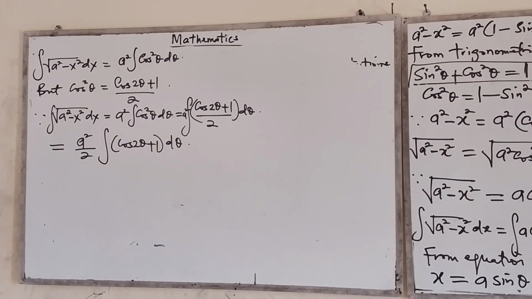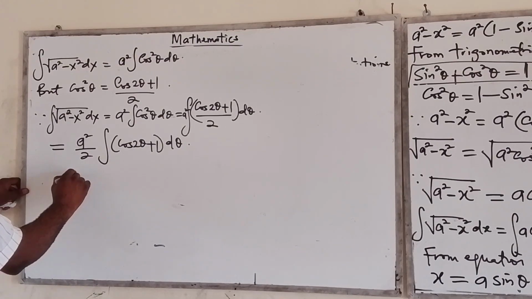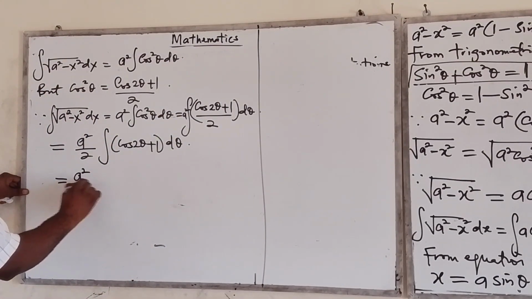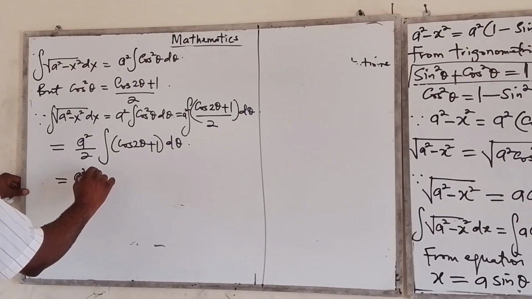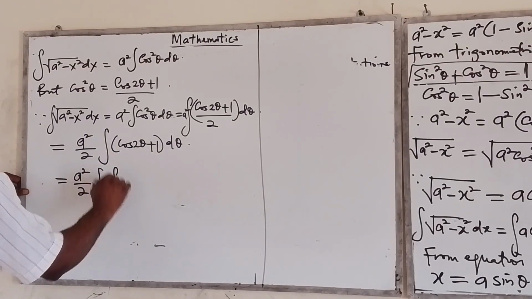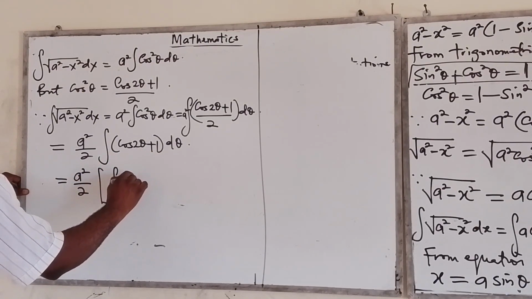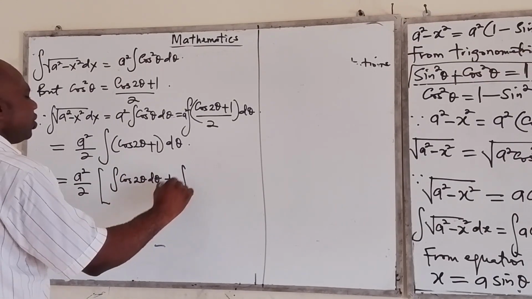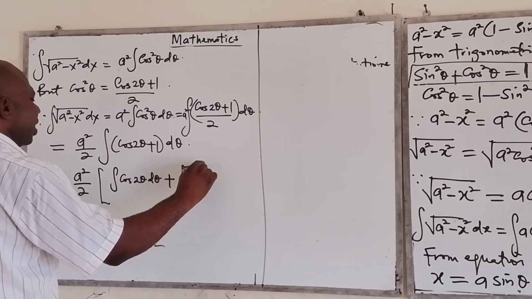The whole of this will be the integral of cos 2 theta d theta plus the integral of 1 d theta.